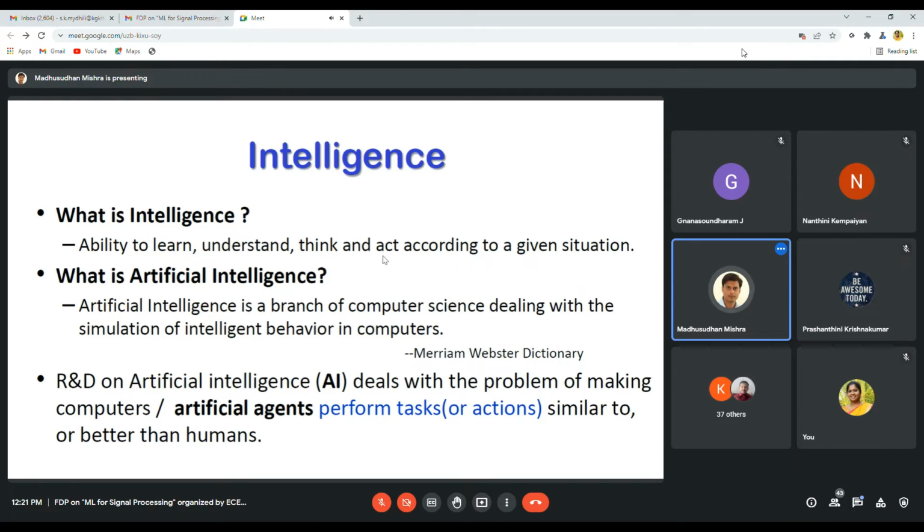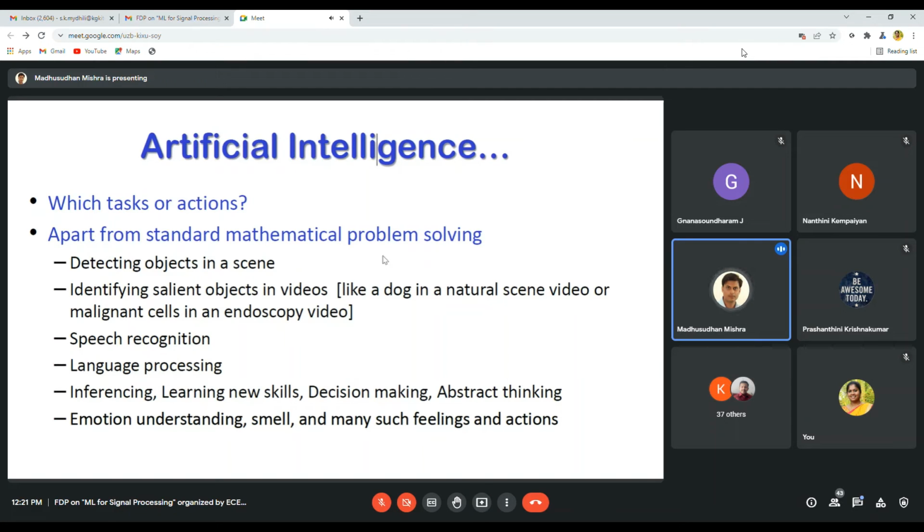The research and development on artificial intelligence, or AI, deals with the problem of making computers act similar to or better than humans.